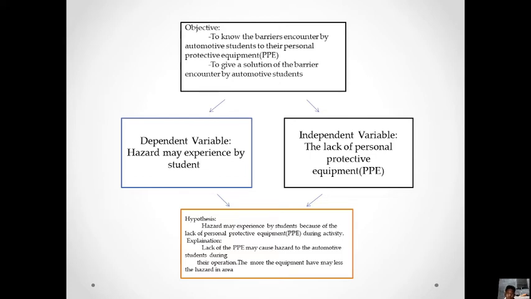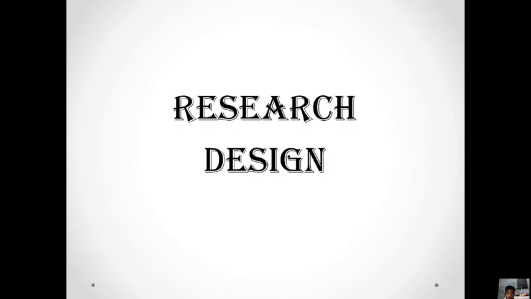The dependent variable is the effect, which is the hazard that students may experience, and the independent variable is the cause of the effect, which is the lack of personal protective equipment. The hypothesis consists of two variables, the dependent and independent.